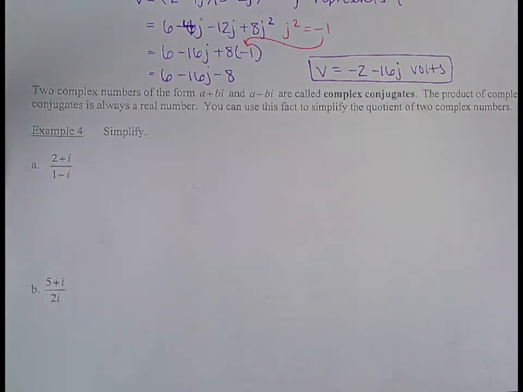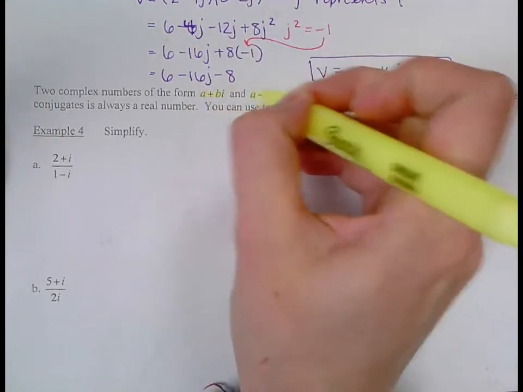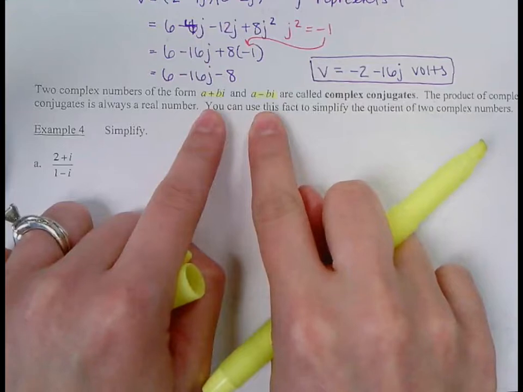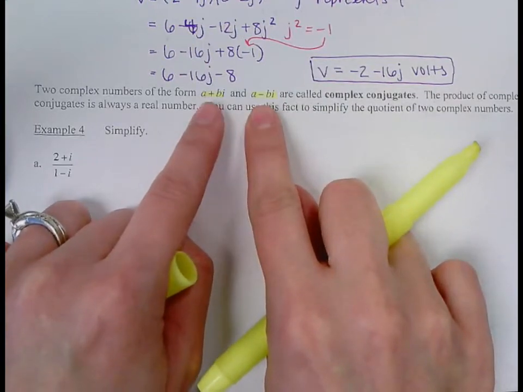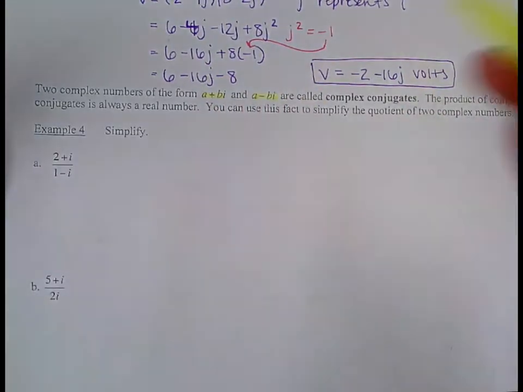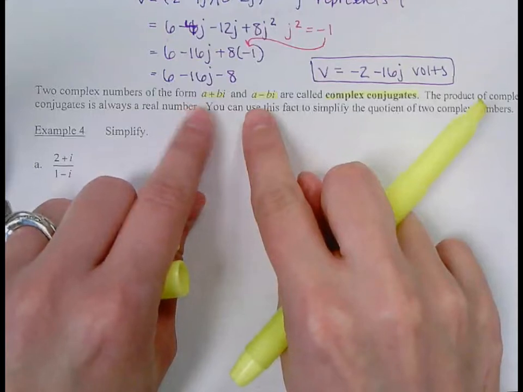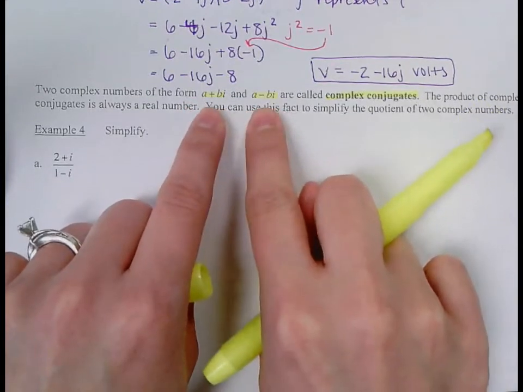So before we look at example 4, we have two complex numbers if they are of the form a plus bi and a minus bi. So they're not the exact opposite of each other, but one is a sum and one is a difference. One's plus, one's minus. These are called complex conjugates. So the real parts are the same, the imaginary parts are the same, but the sign is different.